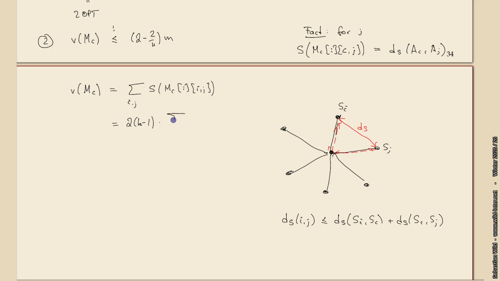And then what we sum are the edges from i to the center, C_i. And that one is upper bounded, or is actually equal by the fact to the true distance.